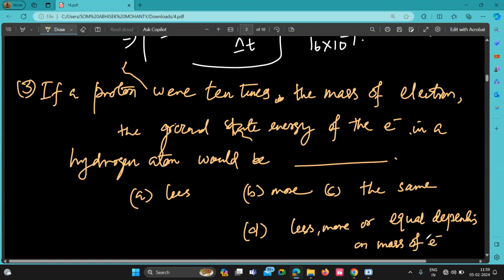If a proton were 10 times the mass of electron, the ground state energy of the electron in a hydrogen atom would be.